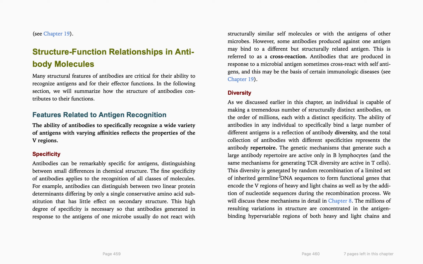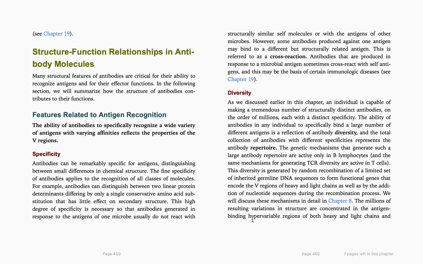The diversity is generated by random recombination of a limited set of inherited germline DNA sequences to form a functional gene that encodes the variable region of heavy and light chains, as well as by addition of nucleotide sequences during the recombination process. We will discuss this mechanism in detail in Chapter 8.